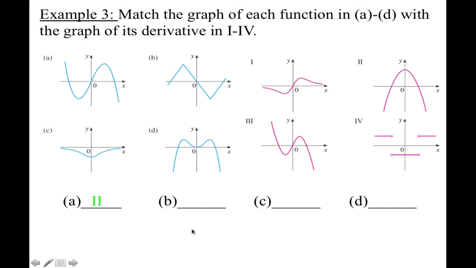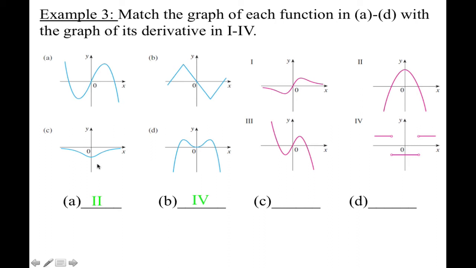All right, go ahead and pause and see if you can figure out B, C, and D. All right, let's see how we did. For B, you should have gotten 4, and the big hint was the corners, which tells you you cannot take the derivative, so the derivative does not exist at those points.